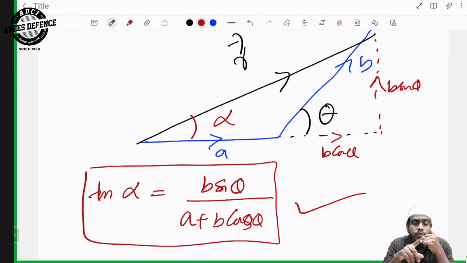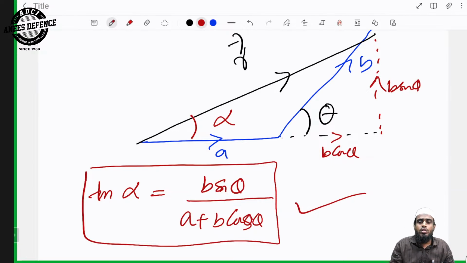First, if both forces are applied one after the other, then you can go for the triangle law of addition. In the triangle law of addition, the third side of the triangle will be the sum of the other two vectors. In the parallelogram law of addition, if the two vectors are simultaneously acting on a point, then the parallelogram law of addition can be used. Here the resultant will be represented by the diagonal of the parallelogram.